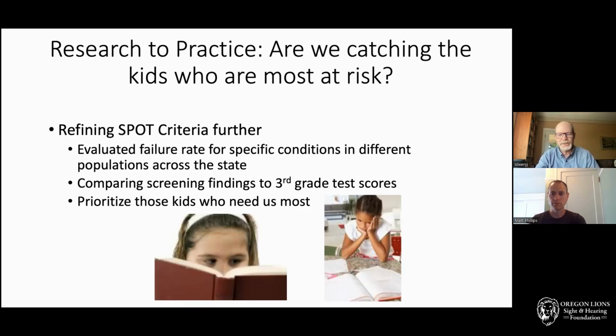That gave us some really useful information that I'll share in a minute. All this allows us to prioritize those kids who need us most. That's really what we want to do, because in any given year, there are about 500,000 kids in Oregon's public schools, maybe a little bit more, and at most, we've been able to screen about 180,000 in our most prolific years a few years ago.